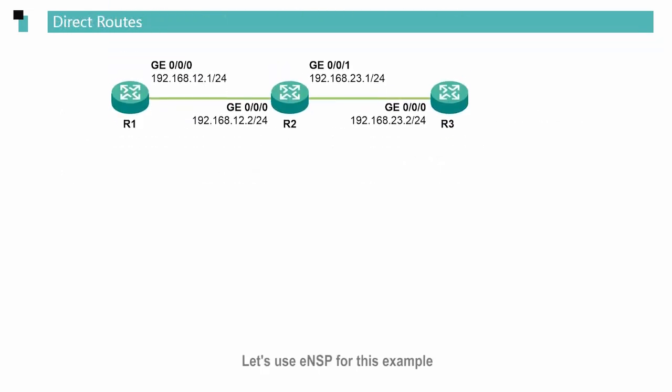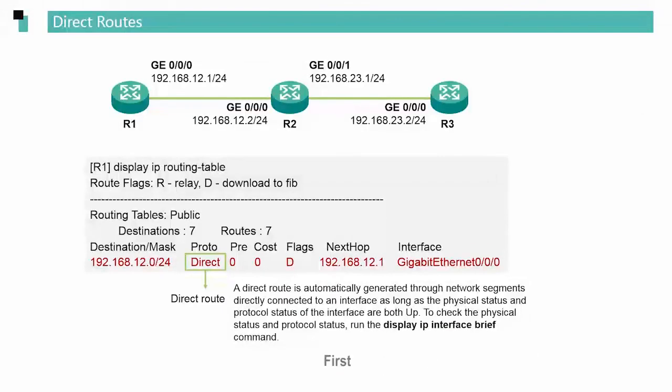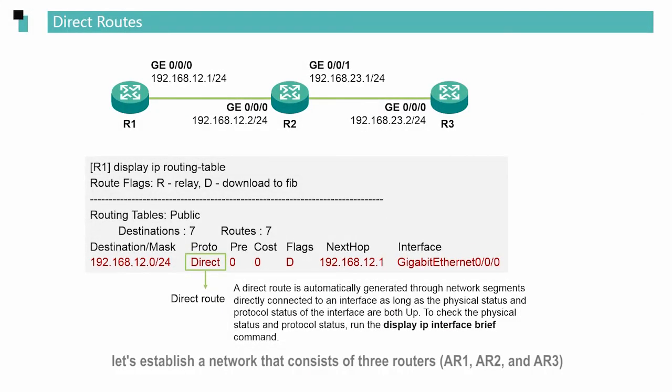Let's use eNSP for this example. First, let's establish a network that consists of three routers, AR1, AR2, and AR3. GE0/0/0 on AR1 is connected to GE0/0/0 on AR2, and GE0/0/1 on AR2 is connected to GE0/0/0 on AR3.